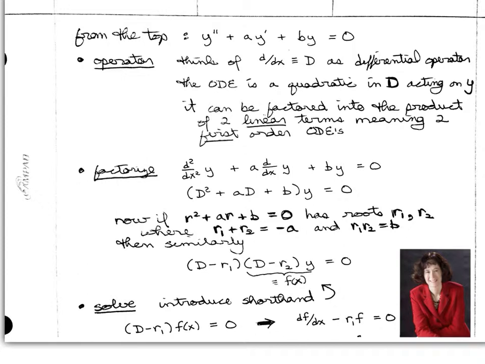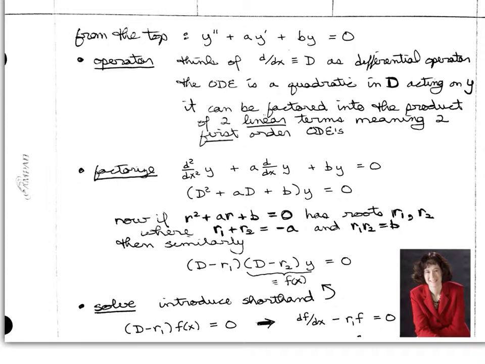So we rewrite our differential equation as this operator, d squared plus ad plus b, acting on y equals 0. So far, all we've done is change notation because conceptually we think it will help us. But think about it.